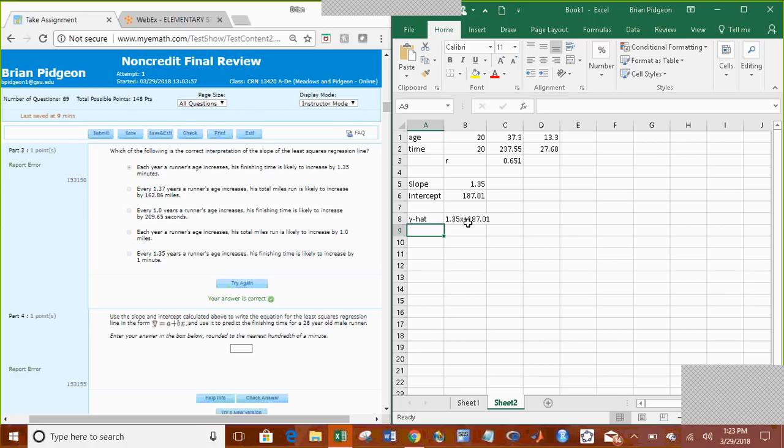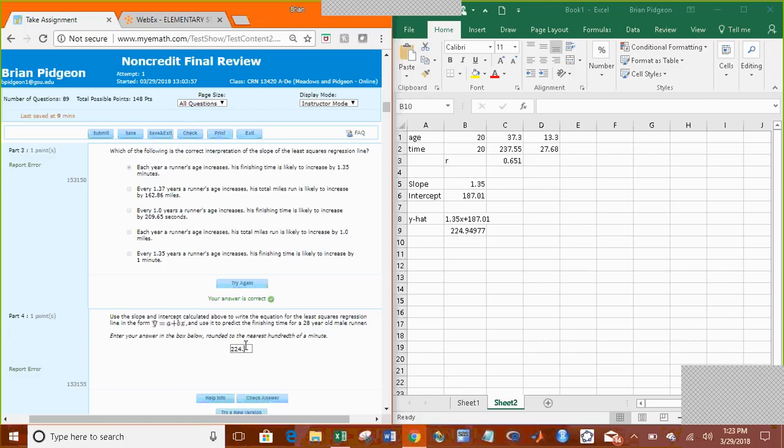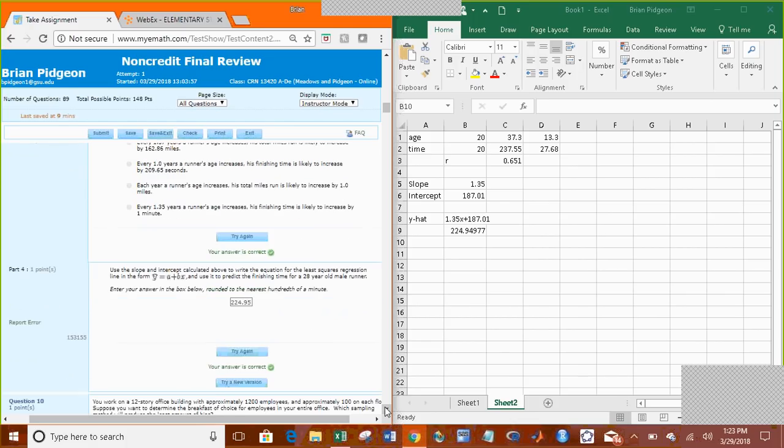So all we have to do to make this prediction is we take 1.35 times x being 28, and we add the intercept. So the predicted time is 224.95. And that's what we got just by plugging in 28 for x.